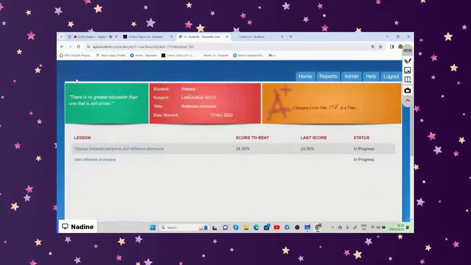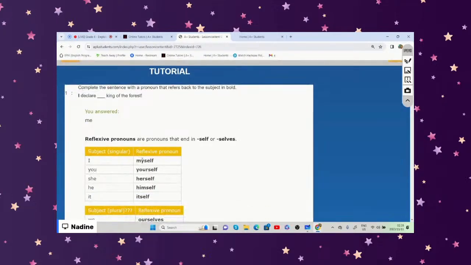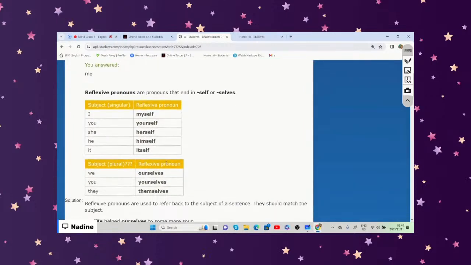All right. So now we're going on to use reflexive pronouns, right? So we had to choose between personal pronouns and reflexive pronouns, right? So now we're going to use reflexive pronouns. And remember, we said that reflexive pronouns are pronouns that either end in self or selves. And we have singular subjects that refer to our reflexive pronouns, and then we have plural subjects also that refer to our reflexive pronouns.